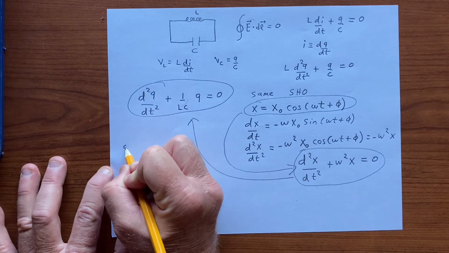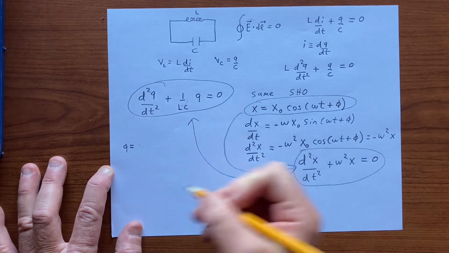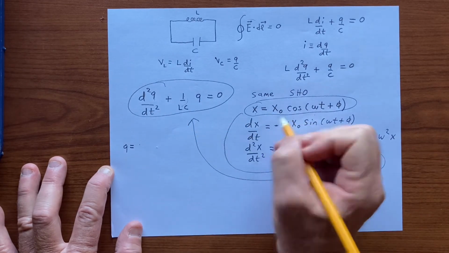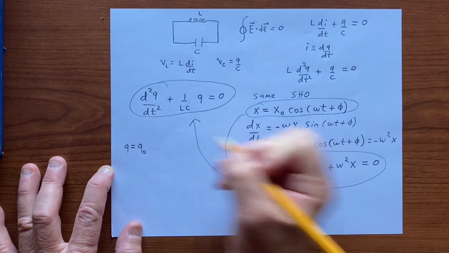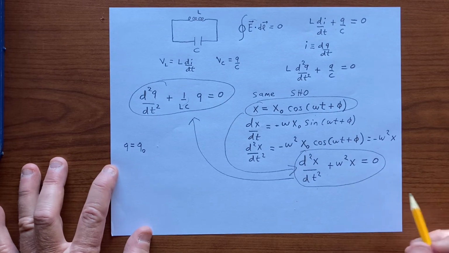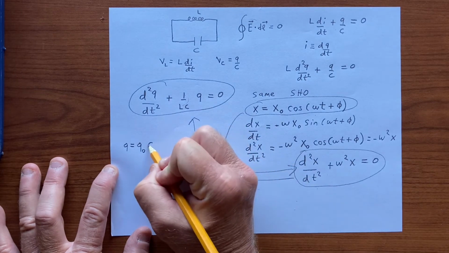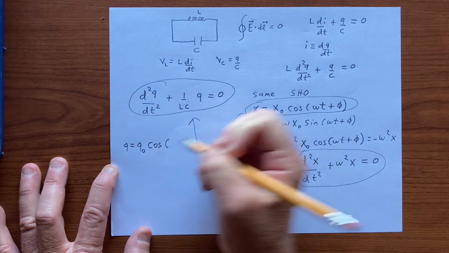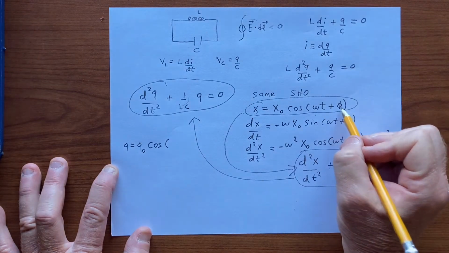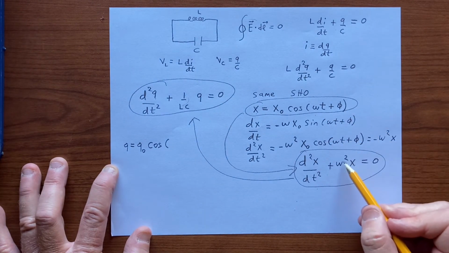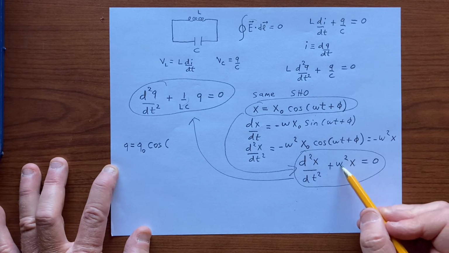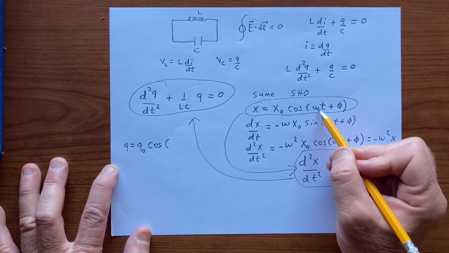It has to be charge is some, we could call it Q naught, or some other quantity, but we can physically figure out what that means. Cosine of omega t plus phi, but the omega, so here we have an omega squared, and omega appears here.